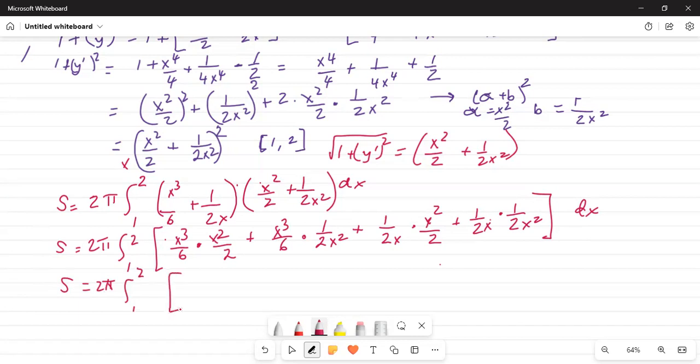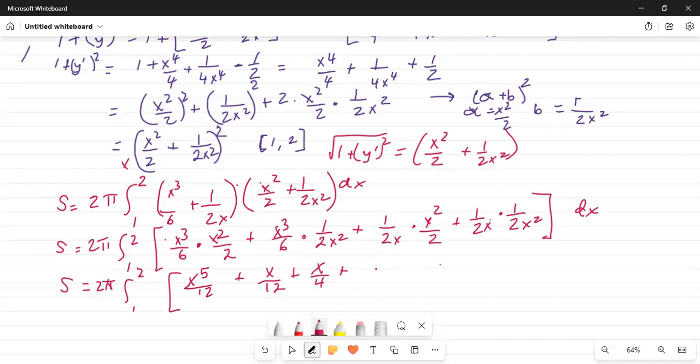So you have x to the power of 5 by 12, the first term, plus x over 12, plus x over 4.